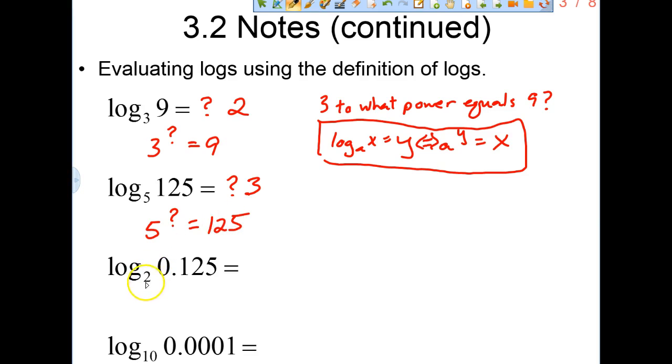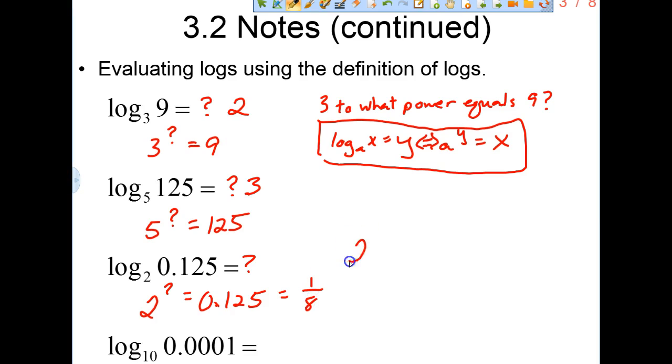Okay? All right, the next one. 2 to what power is 0.125, right? Or the log base 2 of 0.125 equals what? Well, 2 to what power equals 0.125? Now, like I have said before, you might not know what that decimal is, so I'll tell you 0.125 is 1/8.